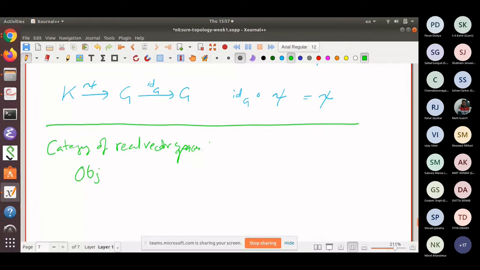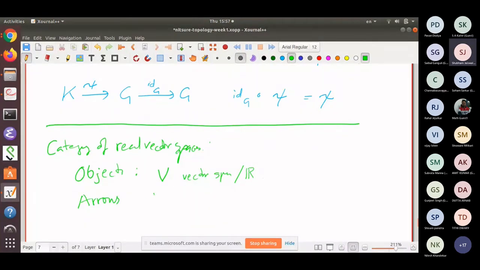Objects. So what should be the objects? Vector spaces over R. V, a vector space over real numbers. Arrows. What arrow should I take from V to W? Linear transformations. Linear map, correct.